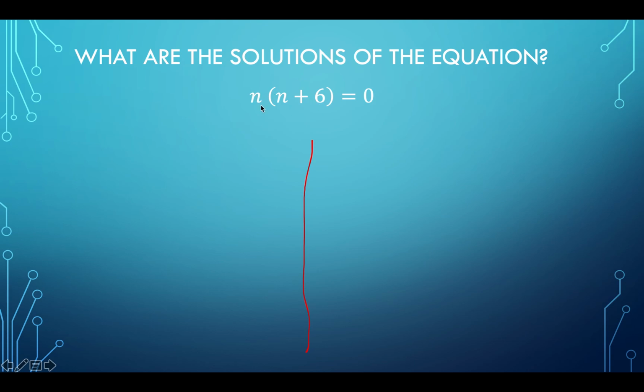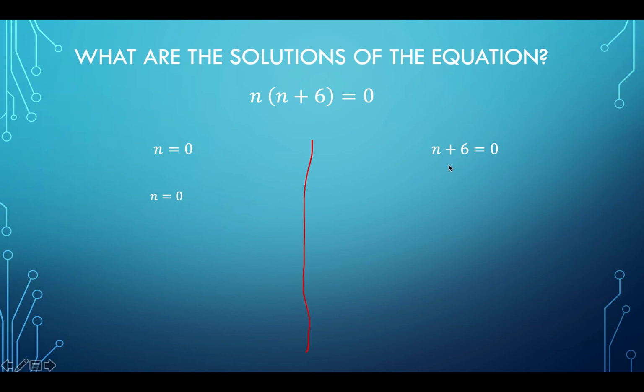So what we're going to do is take this n and set it equal to 0 for our first equation, and then we're going to take this n plus 6 and also set it equal to 0. Now here, we have to just solve like we've been doing for the variable. Well, n is equal to 0, so there's really no work you have to do here. So over here, n is equal to 0.